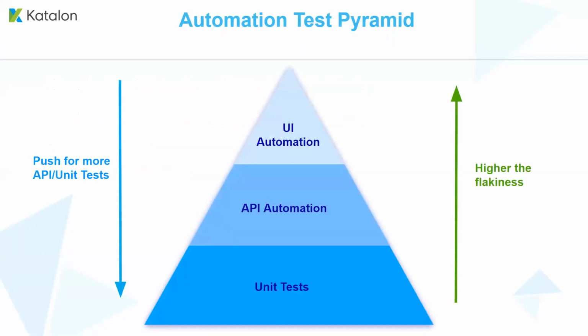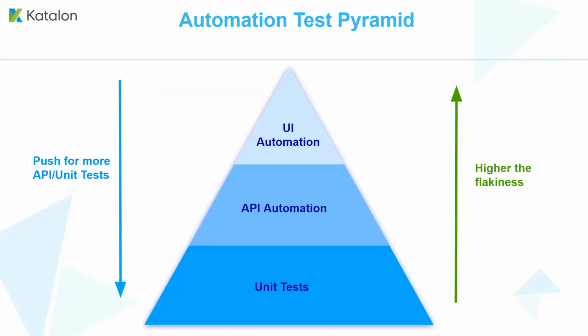Talking about the test automation pyramid, what we have seen is that the higher up you go in the pyramid, the higher the flakiness percentage. And the further below you go, at the unit test or API automation level, the less the flakiness. So the focus, as an automation developer, should be to have more and more API tests or unit tests.